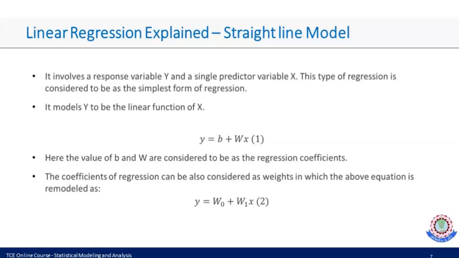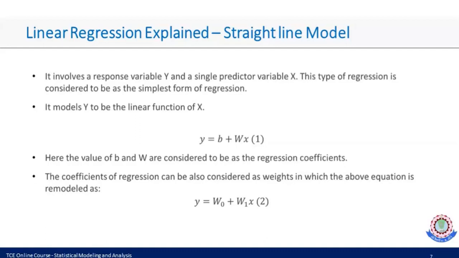It models y as a linear function of x, which is represented in equation 1 as y is equal to b plus wx. Here the values b and w are the regression coefficients.